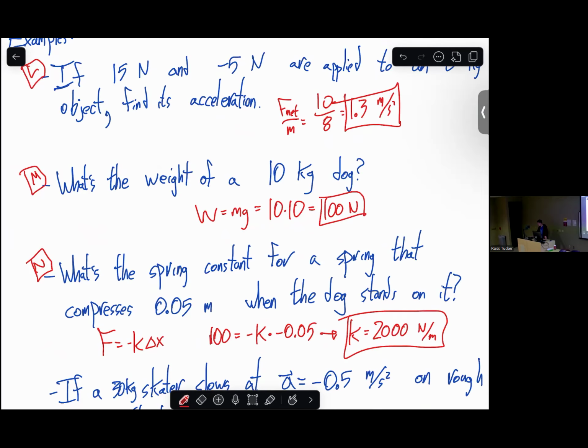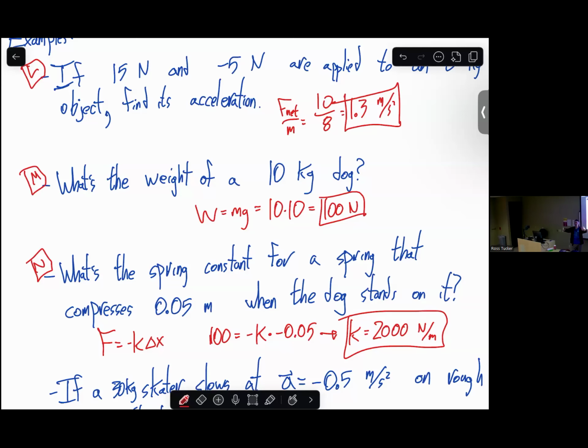Okay, that's okay. When is force positive or negative in the spring equation? Well, force equals negative kx says that the force is in the opposite direction as delta x. If the spring is compressed, smaller than it wants to be, the force is in the expandy direction.